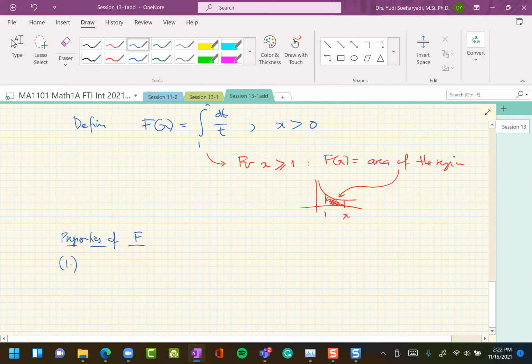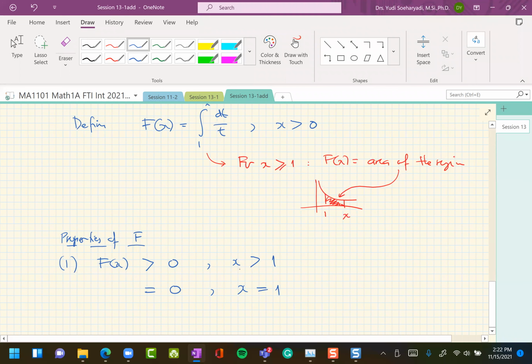First, because this is an area, F of x is positive if x is larger than 1, and it equals 0 if x equals 1.